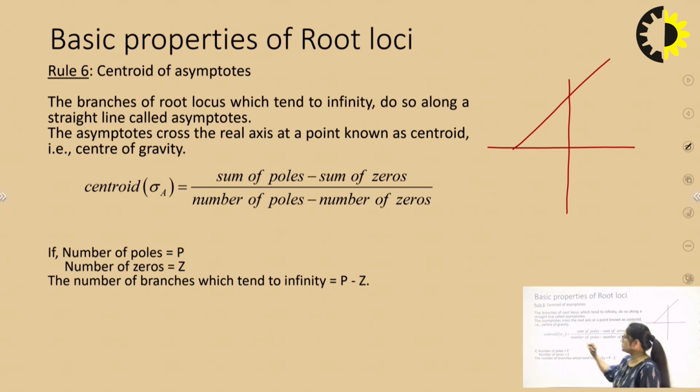The formula for finding the centroid is the sum of poles minus the sum of zeros, upon the number of poles minus the number of zeros.